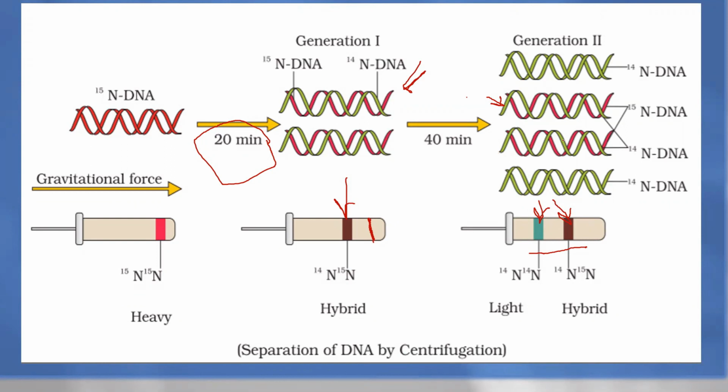In this, one strand is of N14, one is of N15. So this is having a different density. In the first case, in this case, both the strands were of N15. So now the density of N15 is different. So that is why altogether a different density pattern was observed.